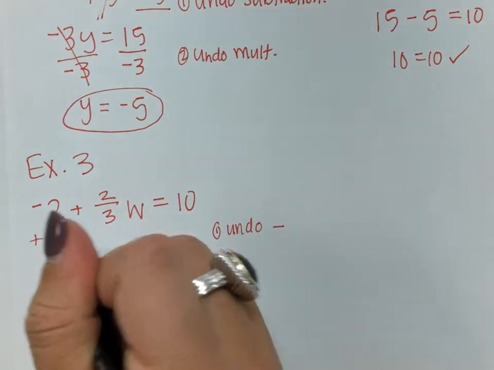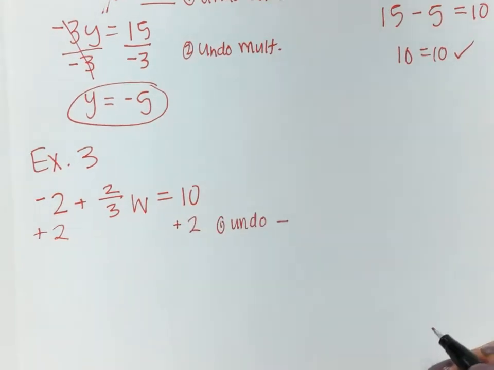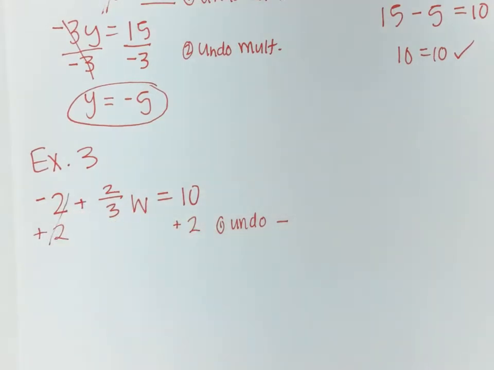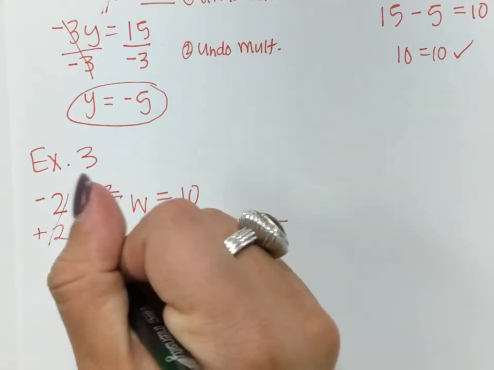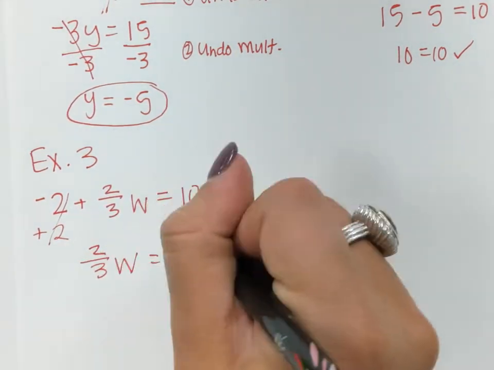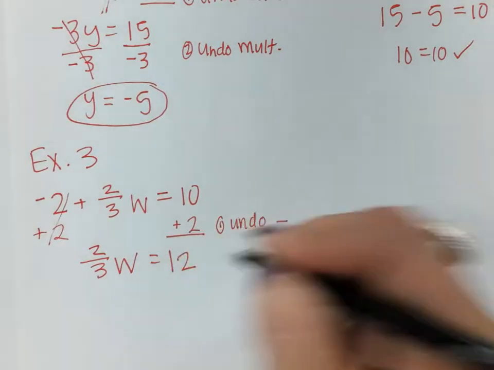So I'm adding 2 to both sides. So that leaves me with 0 on the left-hand side plus 2/3 w equals what? 10 plus 2 gives me 12.